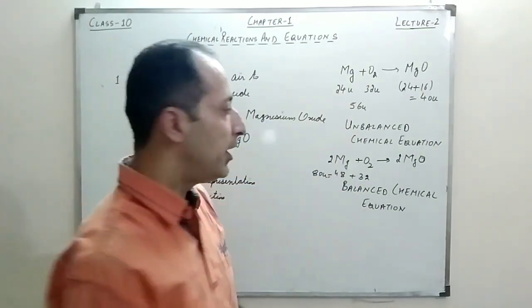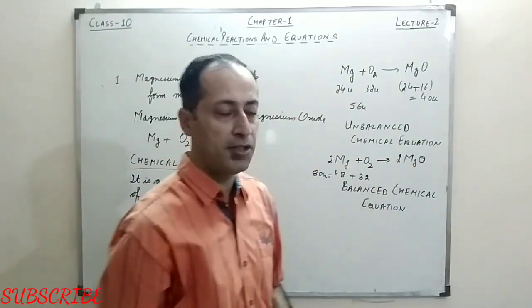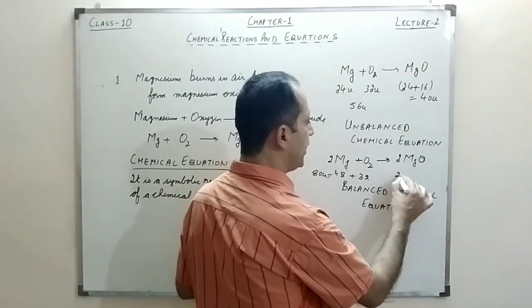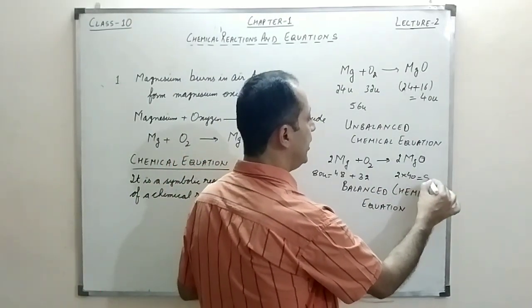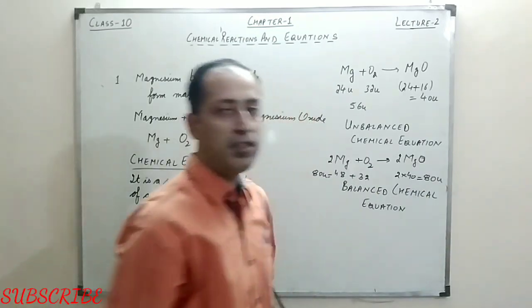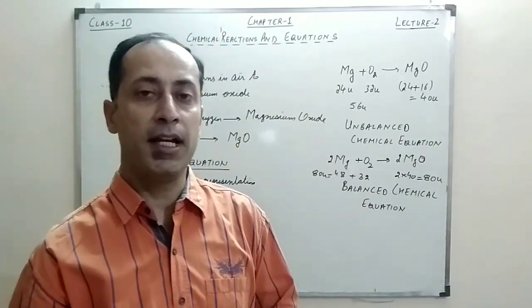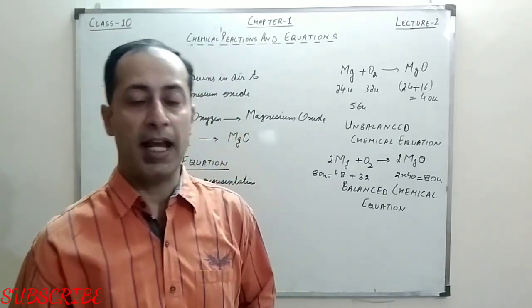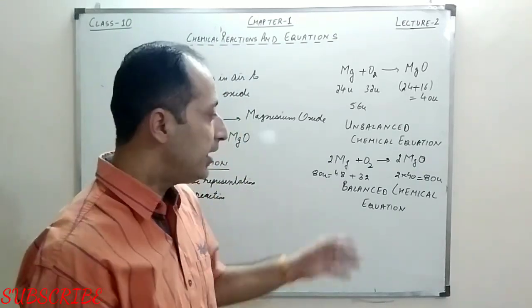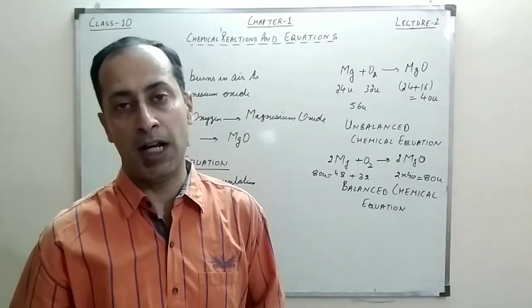If I multiply it by 2, this 2 means multiplication. So 2 into 40 becomes 80 U. It means on both sides, the masses of the reactants and the products are equal. That is why this is a balanced chemical equation.